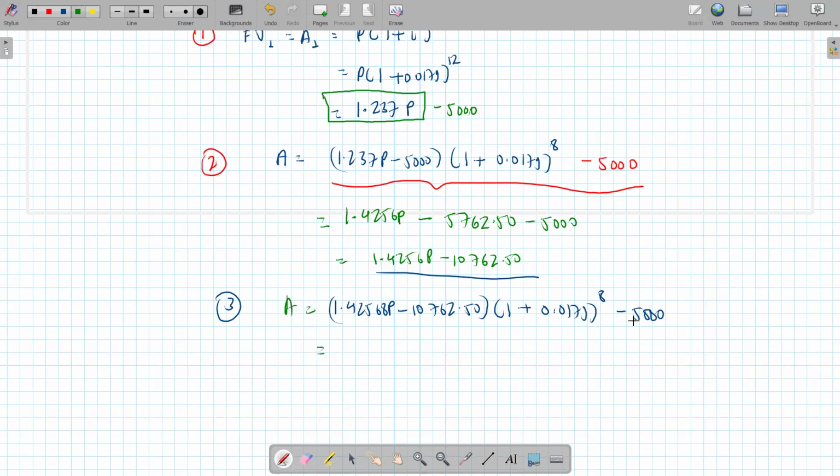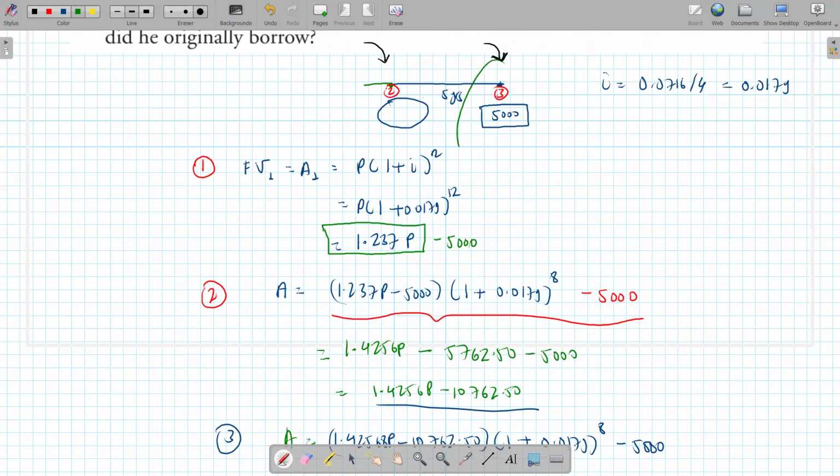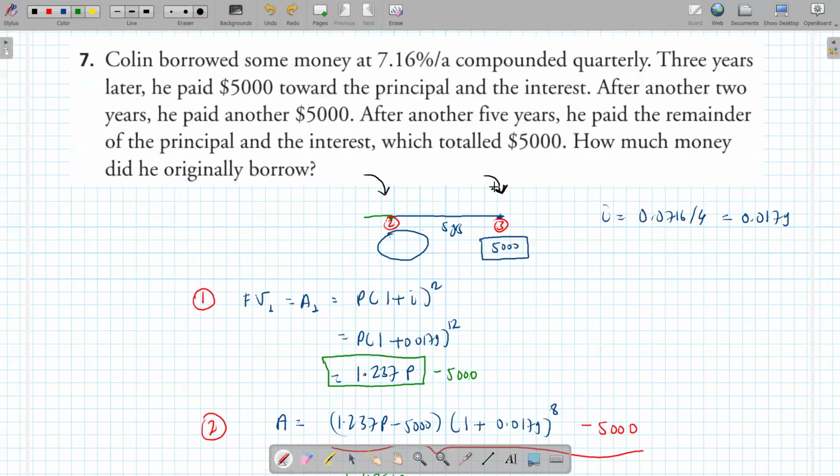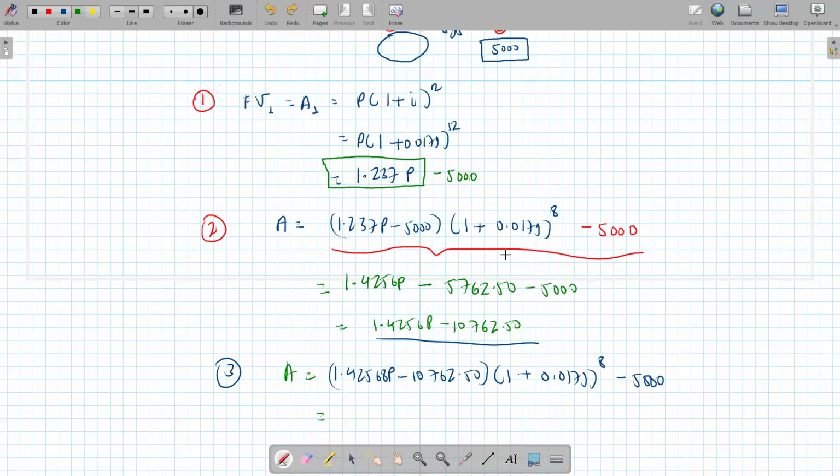He pays this off. How much does he owe once he pays this off at the end of here? How much money does he owe? Nothing, right? Because it says he pays off the whole thing. So at time 3, he's going to pay off the whole thing. So the way you solve for this P is that you set this entire expression equal to 0.